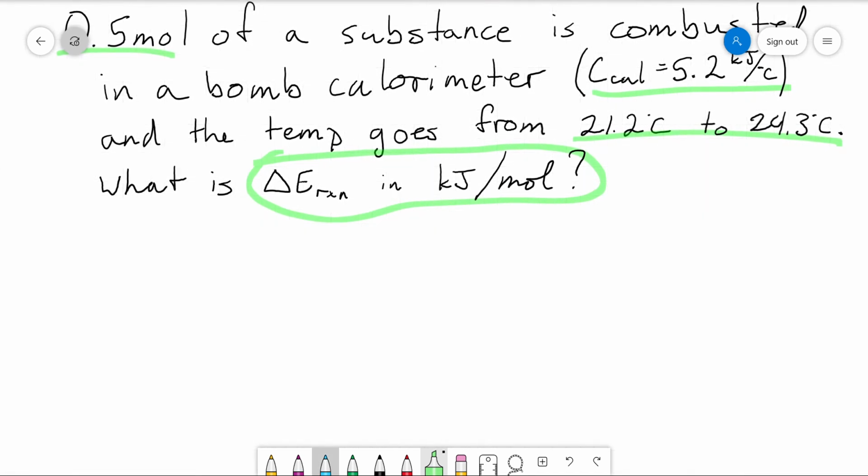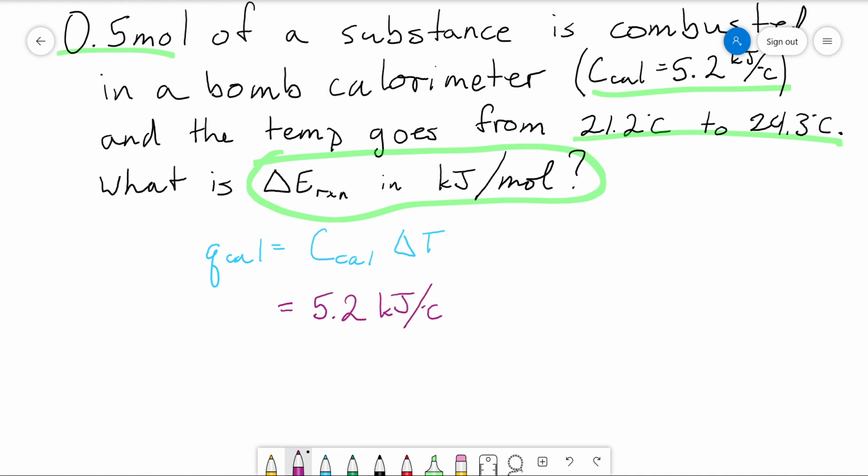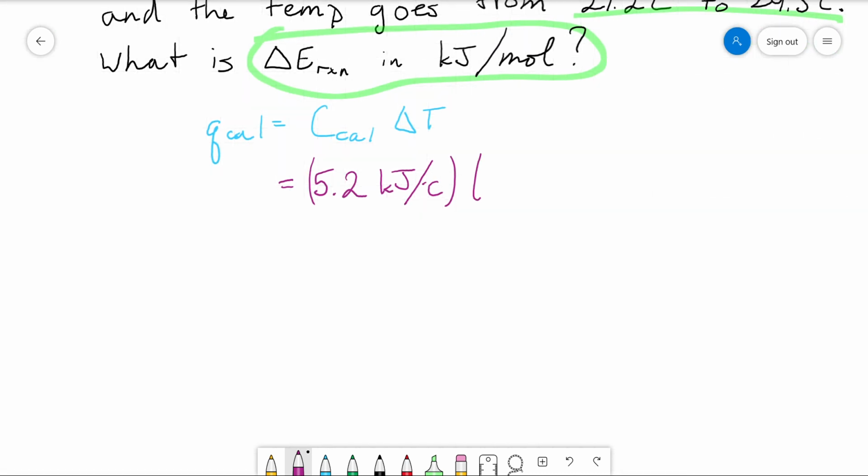So we're just going to take that equation we had up above. Q cal is equal to C cal times delta T. Okay, and that is simply equal to 5.2 kilojoules per degree Celsius times 24.3 degrees Celsius minus 21.2 degrees Celsius.